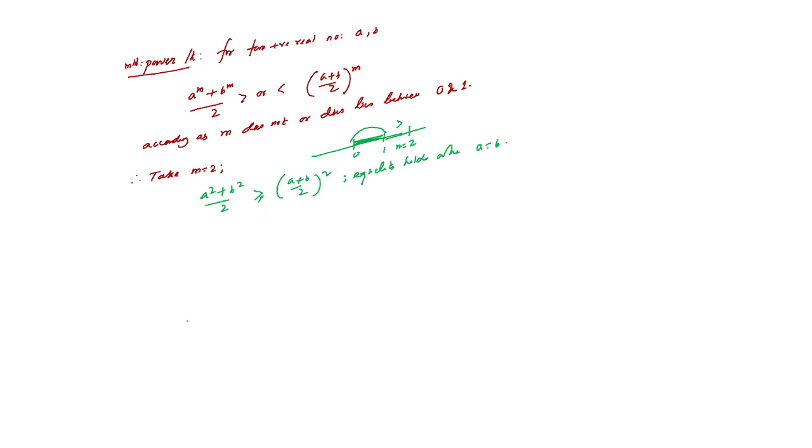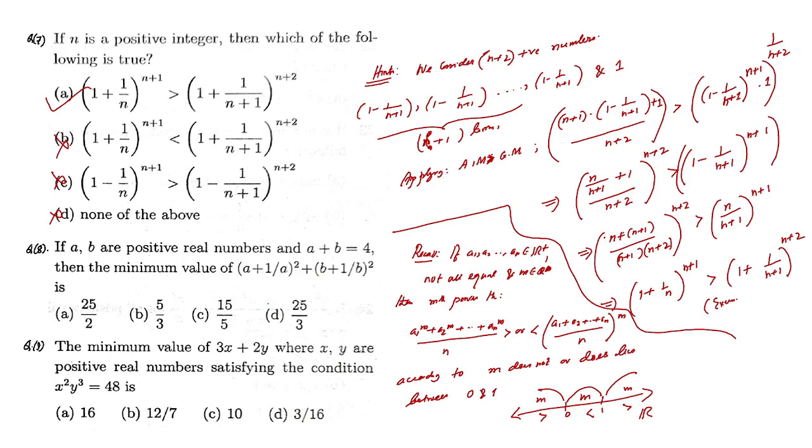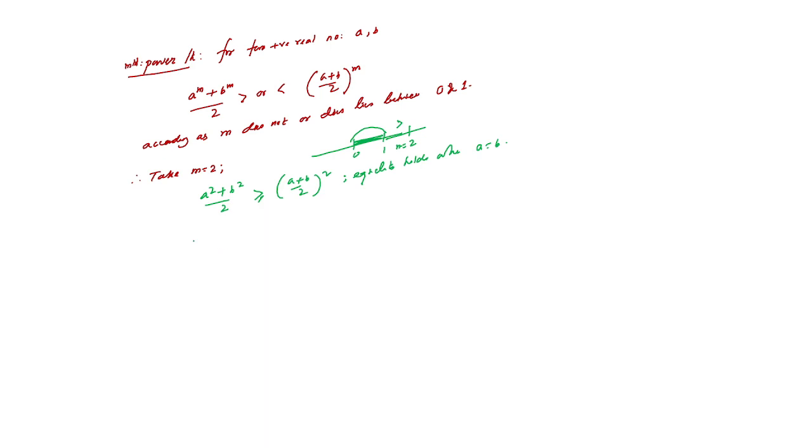Now you will think, what is given the value of a plus b? The value of a plus b is 4. So you just put the value here. So a square plus b square is greater than or equal to 8, since a plus b equals 4, and equality occurs when a equals b.